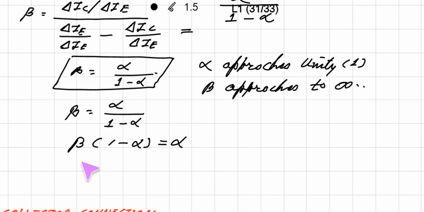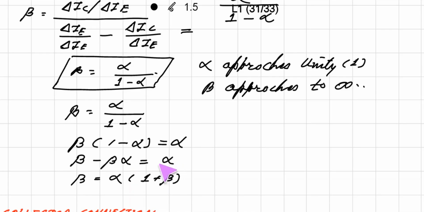So here we get beta minus beta times alpha is equal to alpha, and so from this we can say beta is equal to alpha times 1 plus beta.